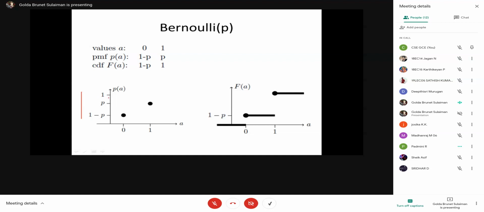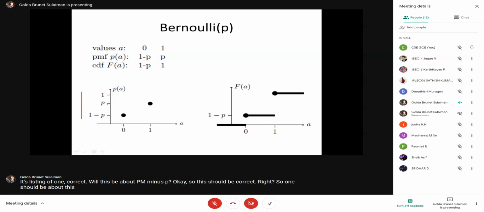Is this listing of 1 correct? Will this be above p and 1 minus p? So this should be correct, right? So 1 should be above 1 minus p or p.